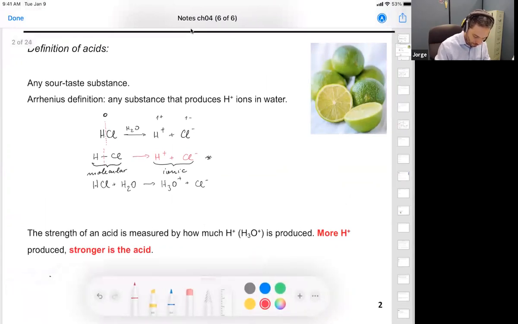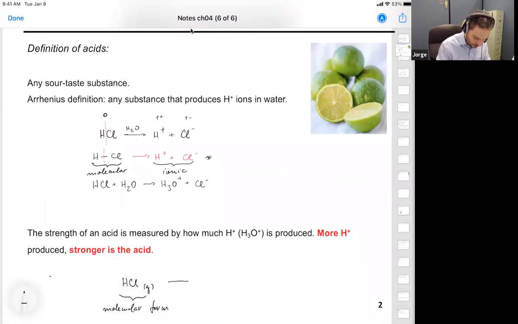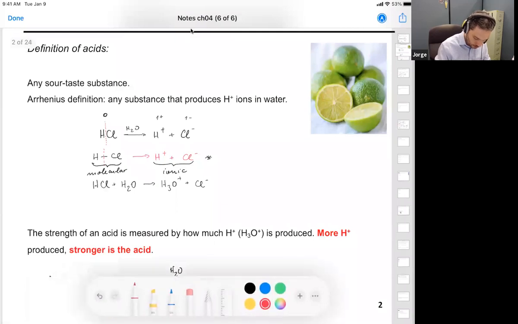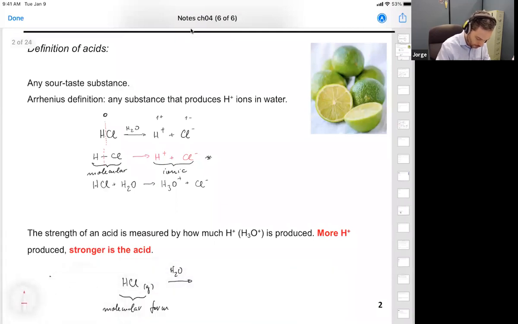When we dissolve HCl in water, according to the Arrhenius definition, water is going to break up the bond between hydrogen and chlorine, and that is always going to produce H plus and whatever is left with the negative charge.